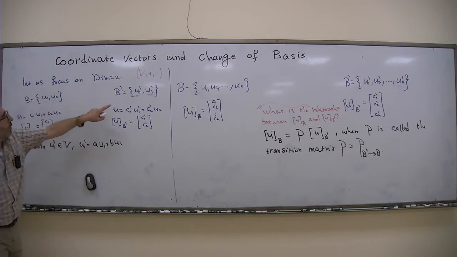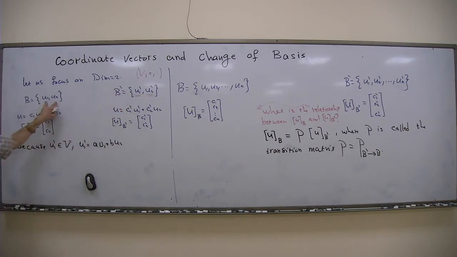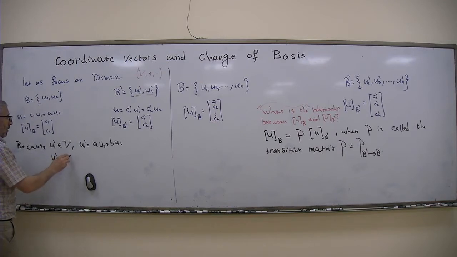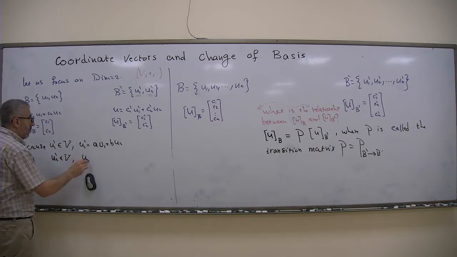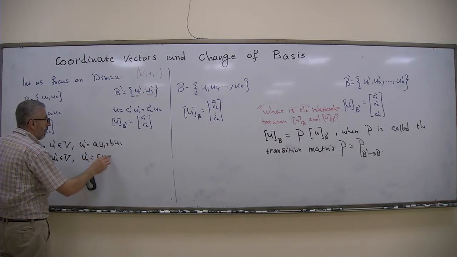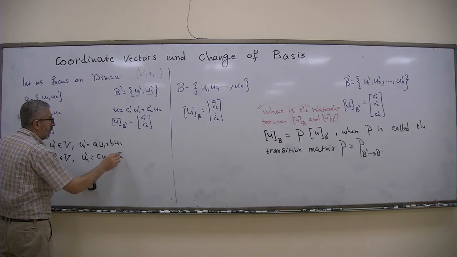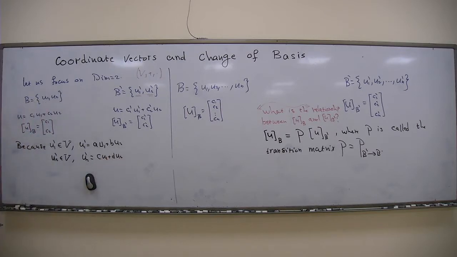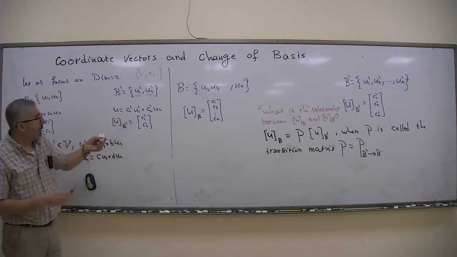So I can write u1 prime as a linear combination of those two vectors in my first basis. And similarly, I can write u2 prime equals c u1 plus d u2. Now, let me come here and substitute in this.